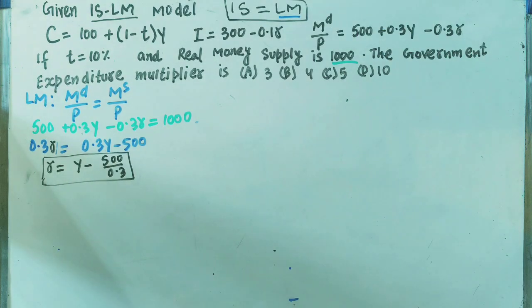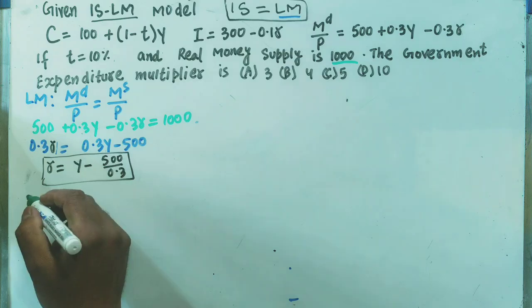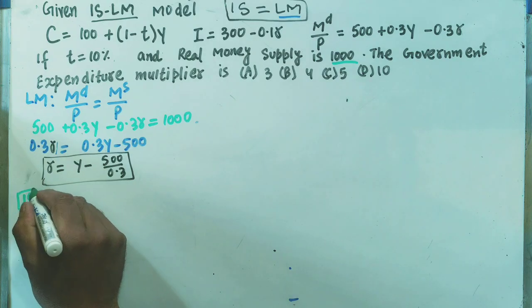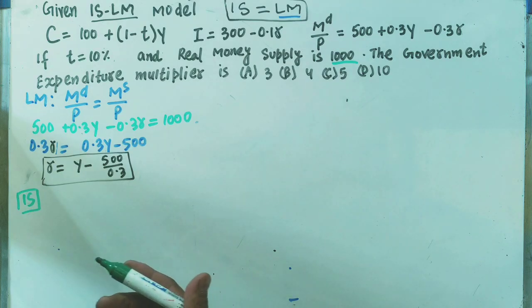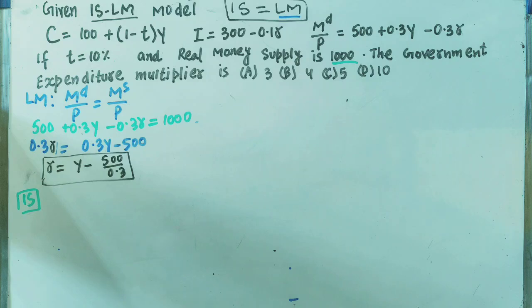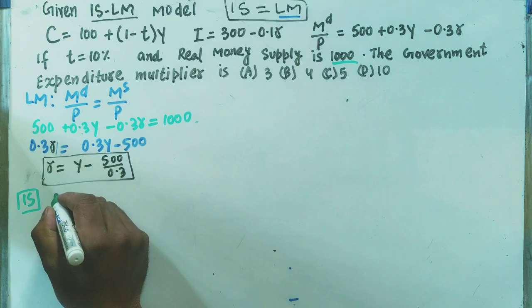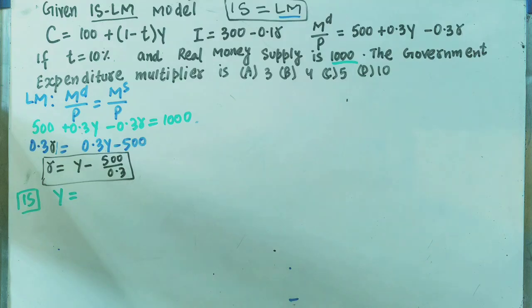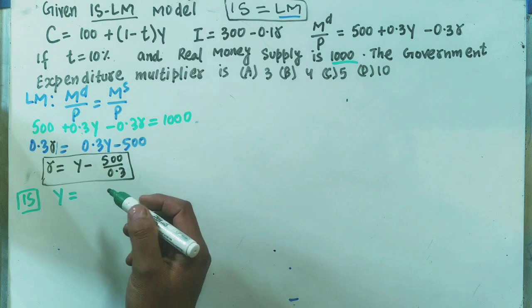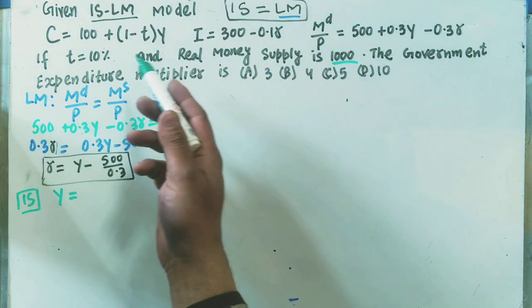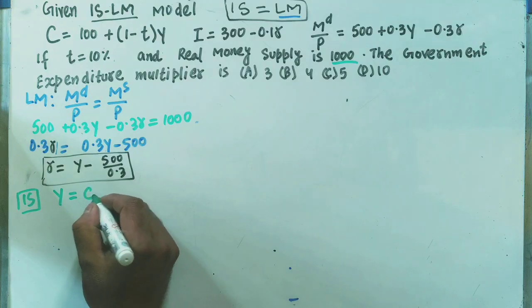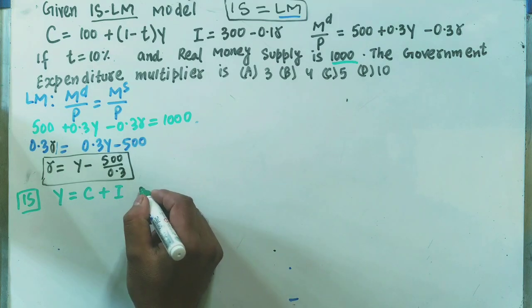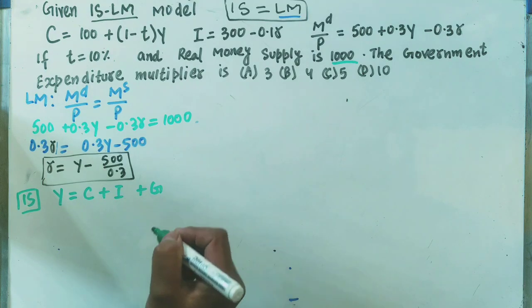Now we need to find out the goods market equilibrium. In case of goods market equilibrium, which is to find out the IS equation, we know that our total income should be equal to the total expenditure. So Y should be equal to the consumption expenditure plus the investment expenditure plus the government expenditure.